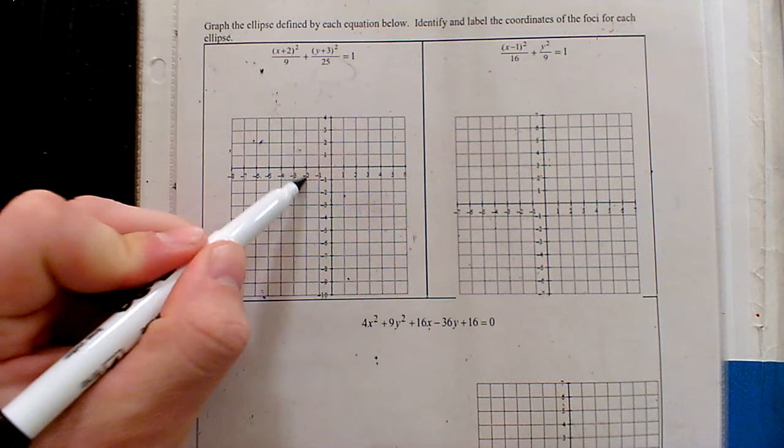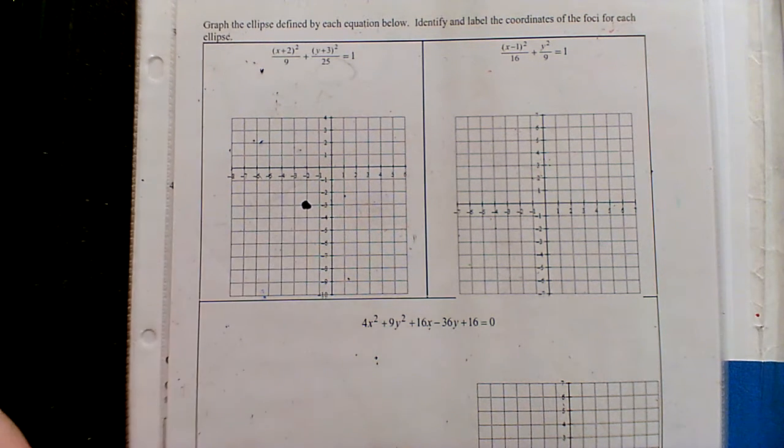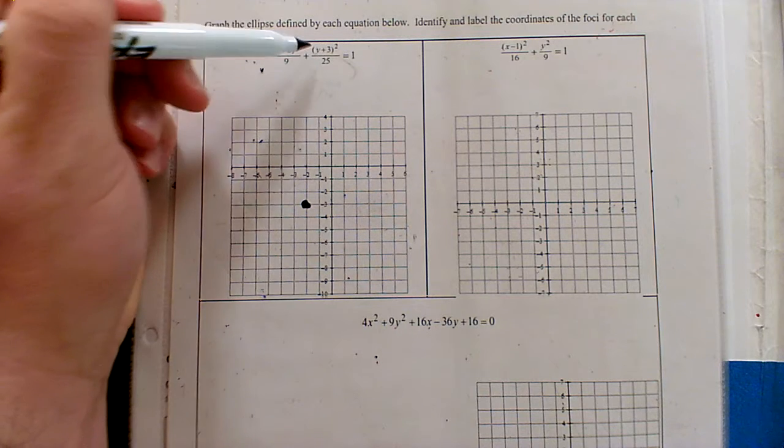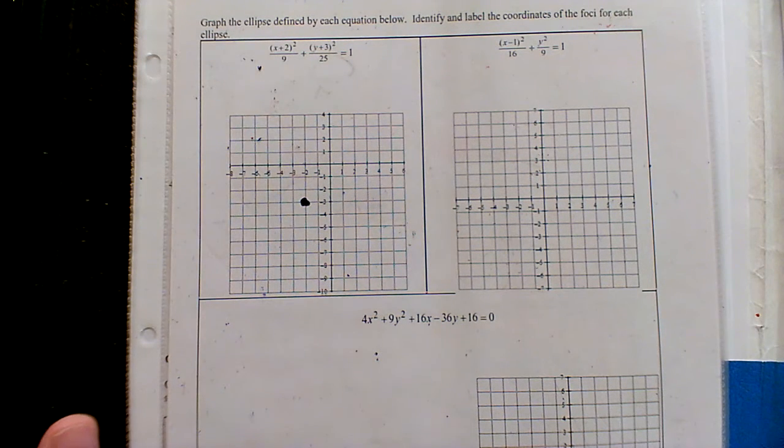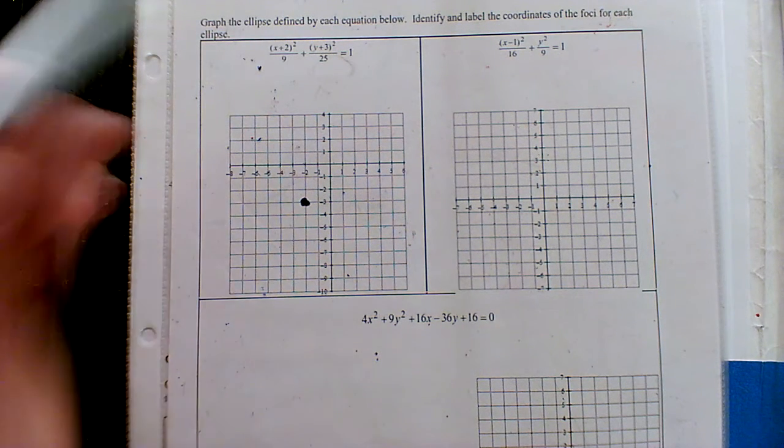Negative 2, negative 3, very good. So without me telling you, is the major axis, the longer part, going to be up and down with the y's or side to side with the x's for this problem? Yeah, we can see the y has the larger value, so the major axis is going to go up and down.